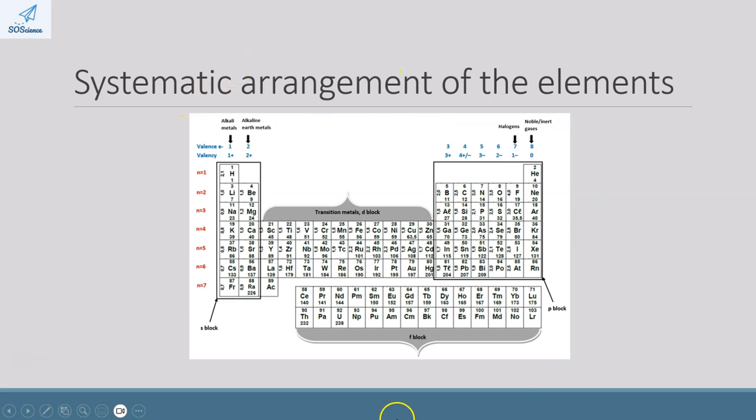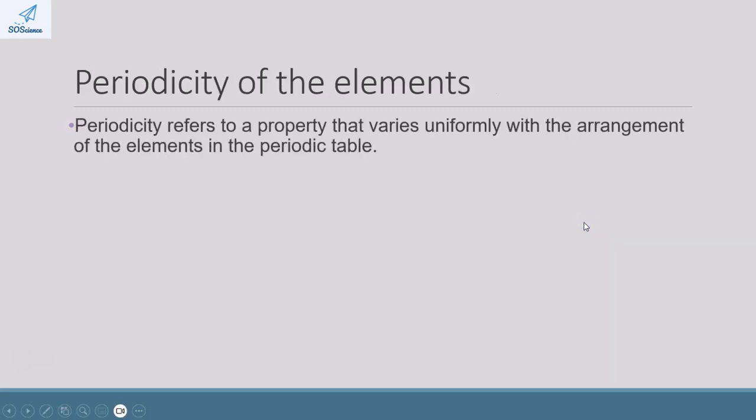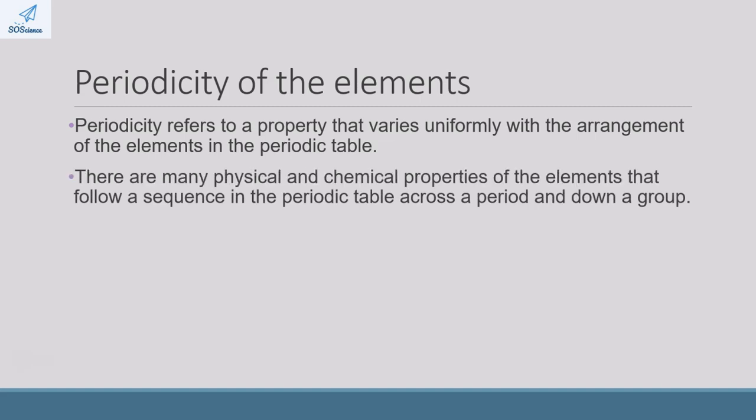And that's really all the information on the periodic table that we should summarize up front that will make our lives so much easier from grade 10 to matric. So the periodicity within the periodic table refers to a property that varies uniformly with the arrangement of the elements as they are arranged in the periodic table.